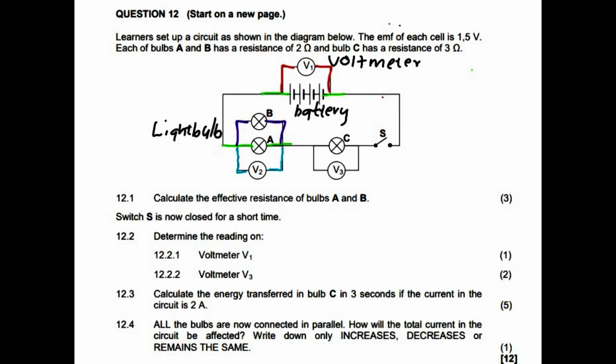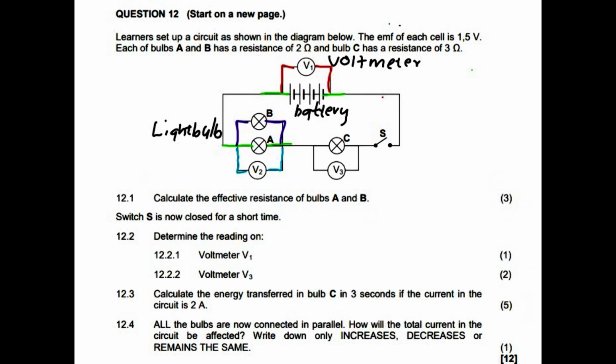So this voltmeter V2 will be able to measure the potential difference across A and B because they'll have the same potential difference. And all of them are connected in parallel. This is a parallel connection.